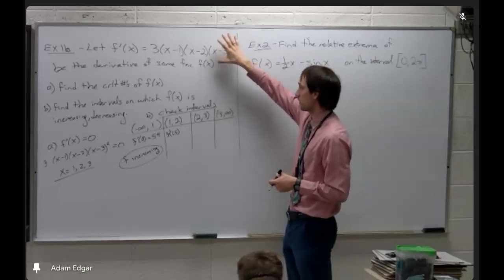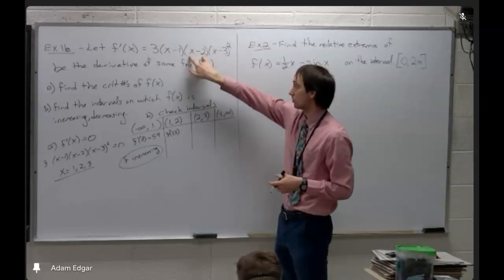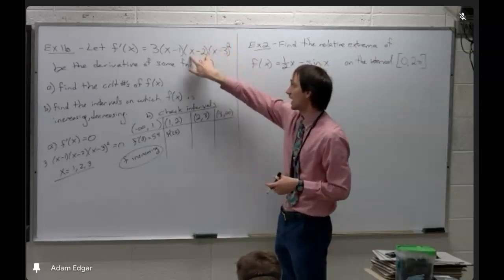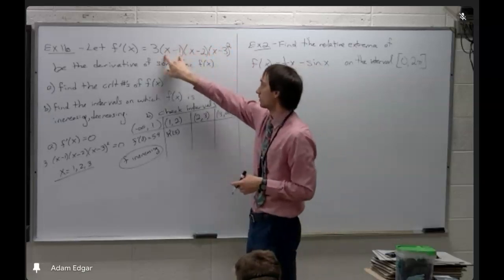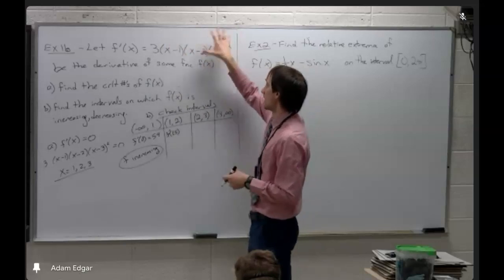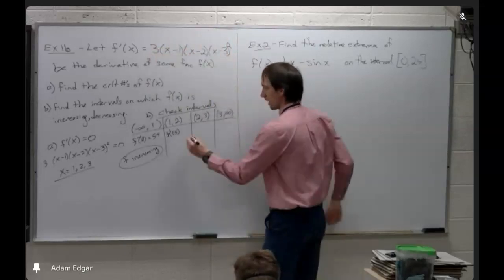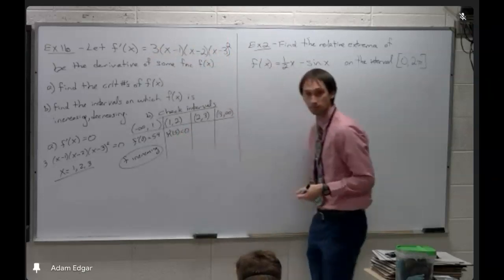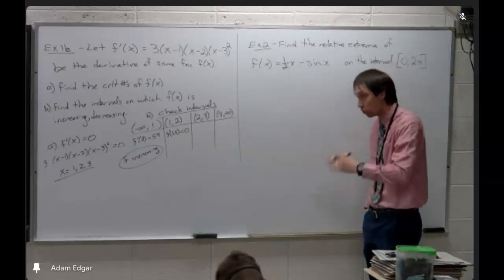All right, so we have a positive times, what's 1.5 minus 2? Negative. So a positive times a negative is negative. 1.5 minus 1 is positive, and a 3 times a negative is negative. So it's negative.